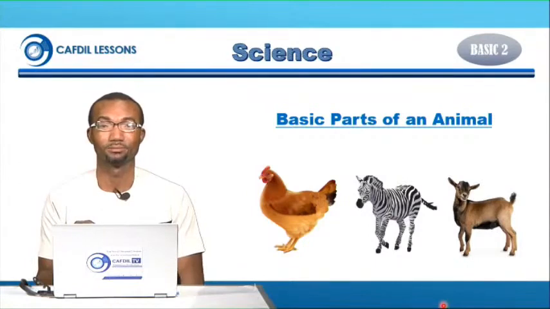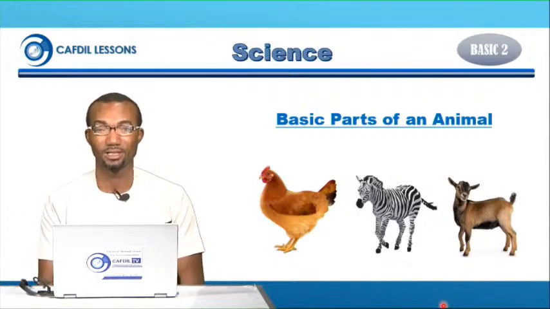If you take this hen, the zebra, and the goats, they all have some basic parts, and that is what we are going to look at.